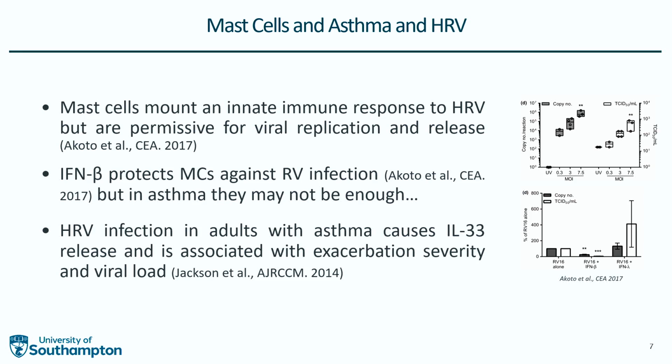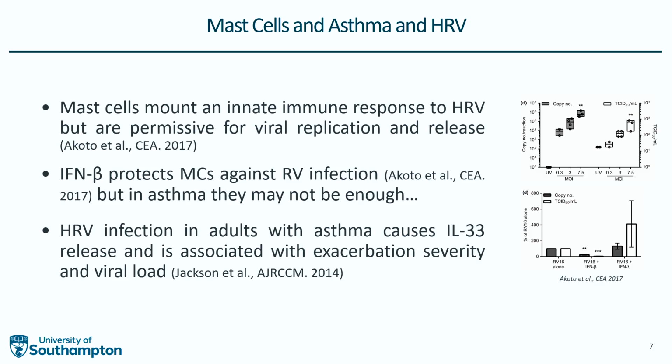Unlike other innate immune cells that respond to rhinovirus, mast cells were unique in that they actually produced active, infective virions. While we could demonstrate that interferon beta can protect mast cells from rhinovirus infection, this may not be enough in severe disease where there is a deficiency. So mast cells in that situation may be the reservoir.